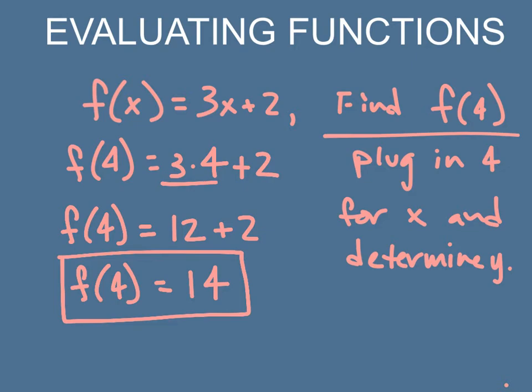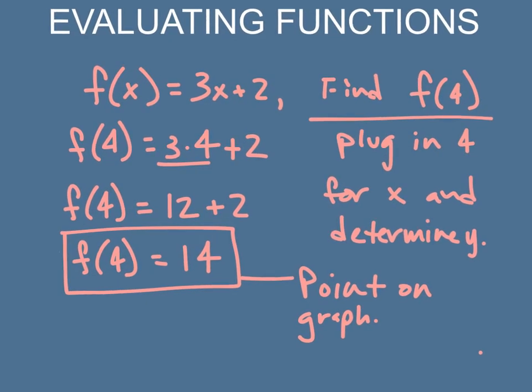Now, what this means, essentially, is that this is a point on the graph. It means that when x is equal to 4, y is equal to 14. I can write it like this, or I can write it as a coordinate point, (4, 14), and those things mean the same thing.